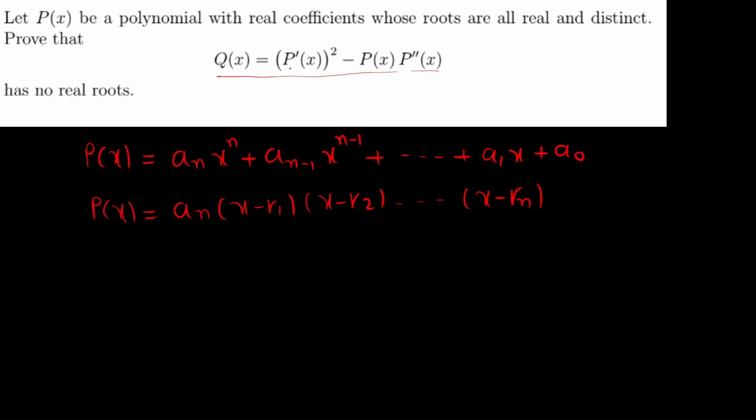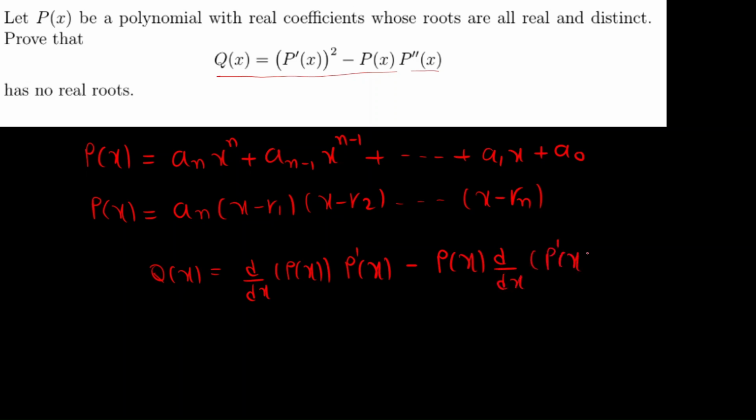Here we can see that it is P dash of x into P dash, I'll write it up. P of x is equal to d by dx of P of x times P dash of x minus P of x into d by dx of P dash of x.